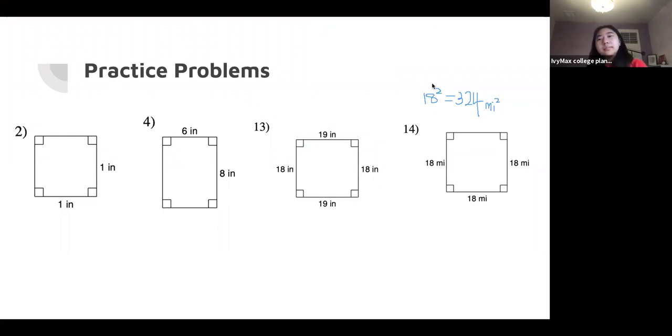Okay. And last time, we didn't talk about the units in the problems, like here, for example. So after you solve for your numbers, just remember to add a square to the units, just like what we do here.